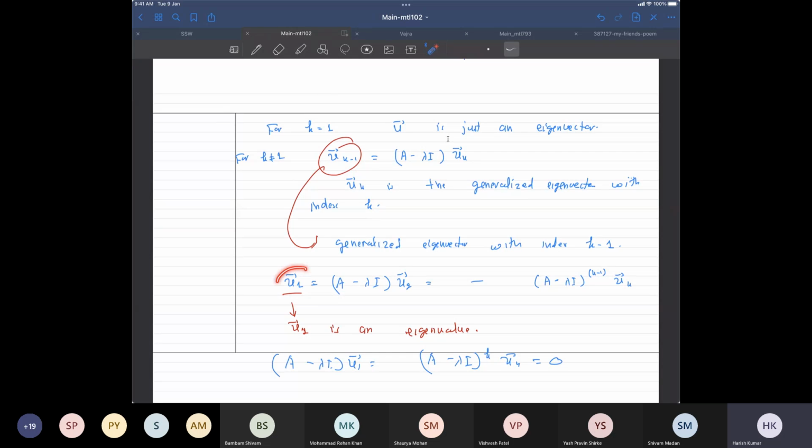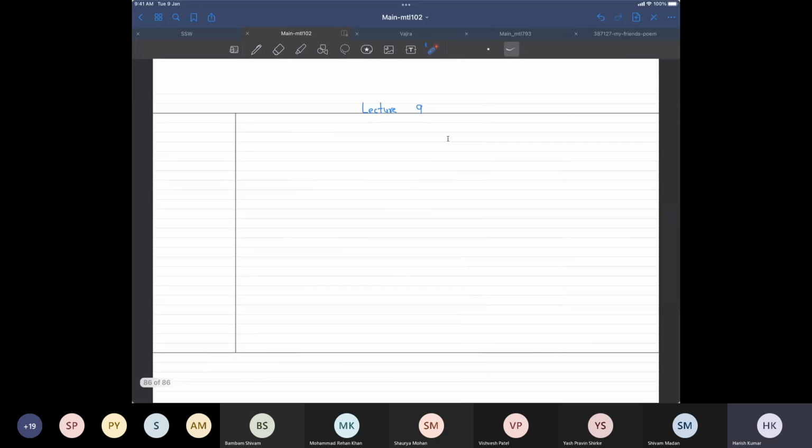So if you look at this recursive relation, this was an eigenvector and these were generalized eigenvectors of order 1 and so on. In the end, this is a generalized eigenvector of index 2, and this is a generalized eigenvector of index k. So this is the way to go from the generalized eigenvector to the eigenvector, and on the way you construct several of them.